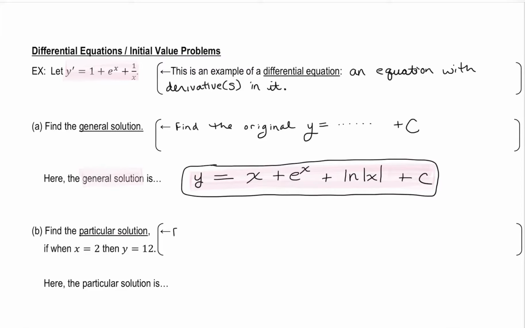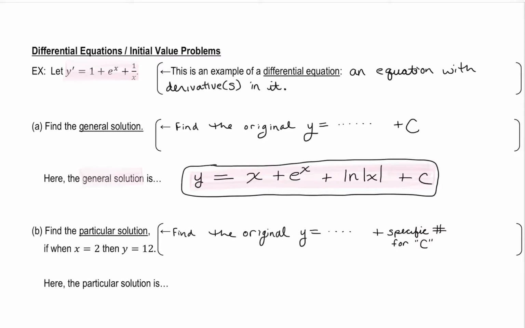So this still means you're going to be trying to find the original y equals whatever it is, but now you are going to have a specific number for that value of c. So that's the big difference for the particular solution.